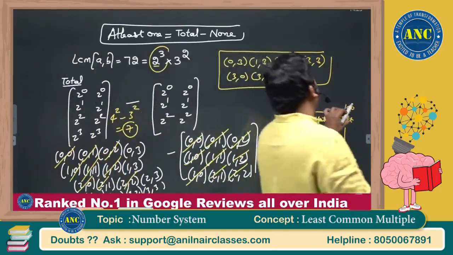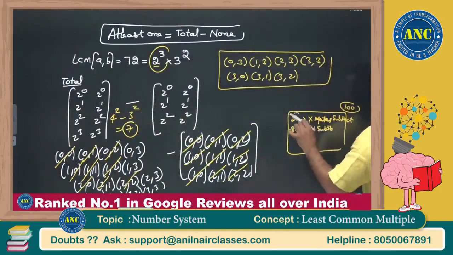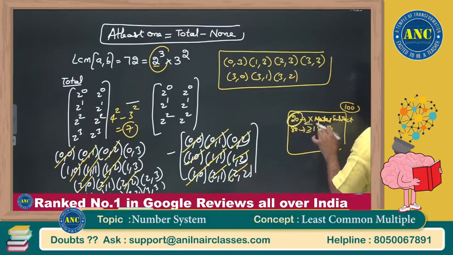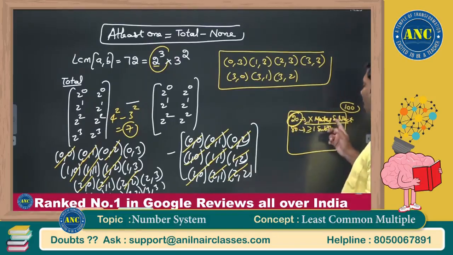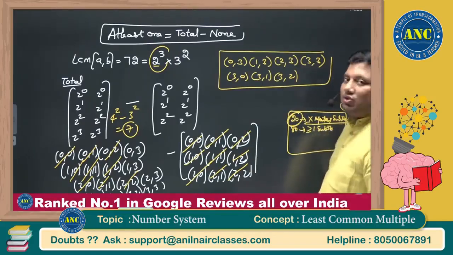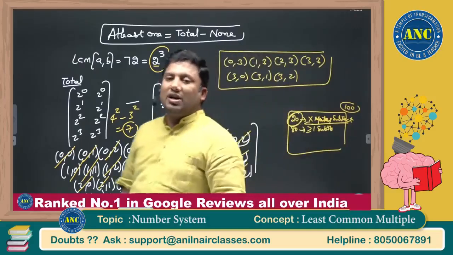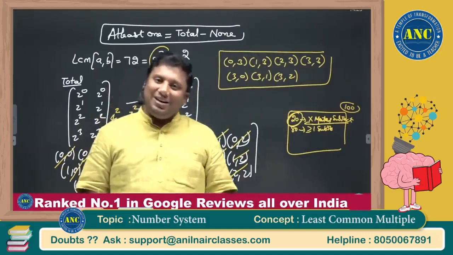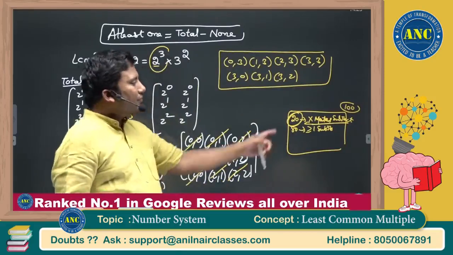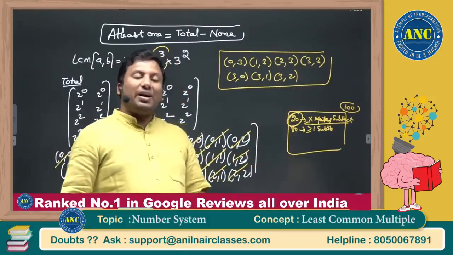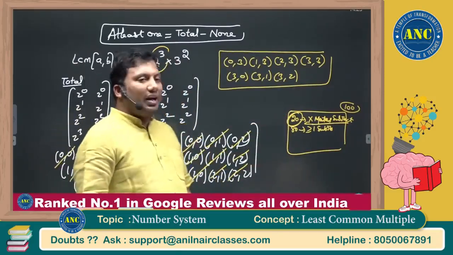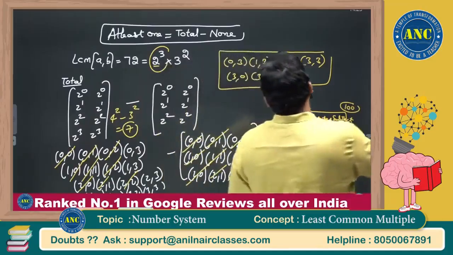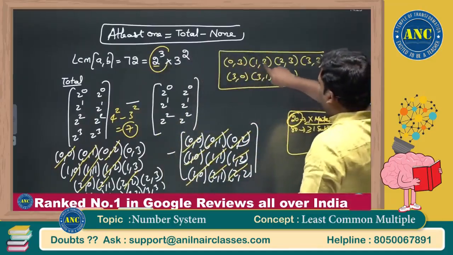So, from the total, if I subtract the number of students who do not like a subject, I will get the students who like minimum one subject. Yes or no? 100 minus 20, it is 80. From the total, if I subtract the number of students who do not like a subject, I get at least one. At least one of them contains 3.